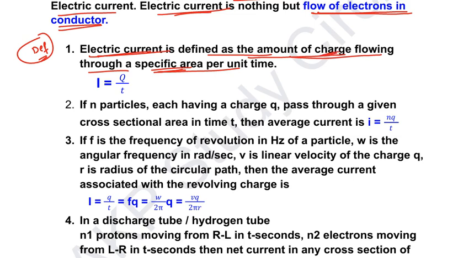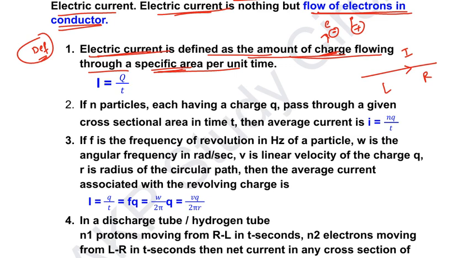And here charge means electron or proton. Generally we take the electron as the charge particle here, because the electron is a negative charge particle and the proton is a positive charge particle. In any conductor, if the current is flowing from left to right, we can say the electrons are flowing from right to left.